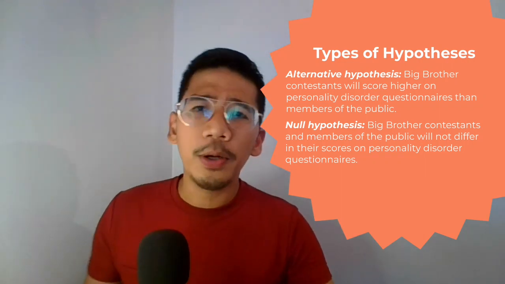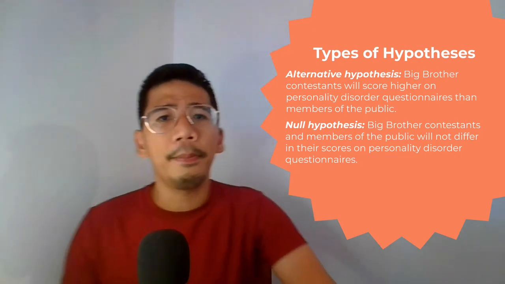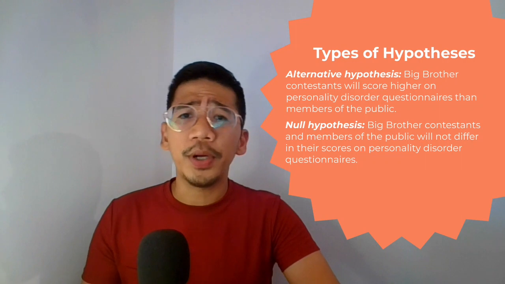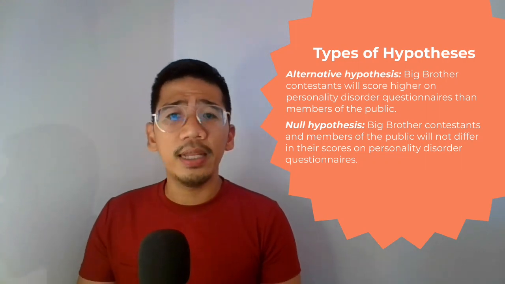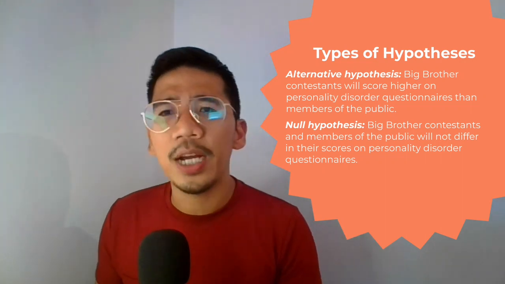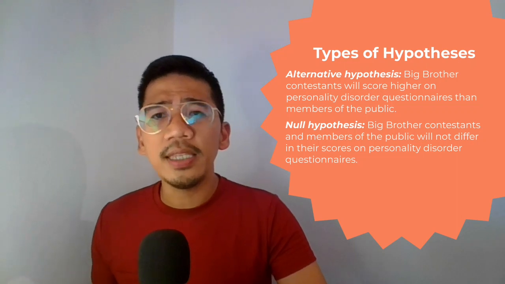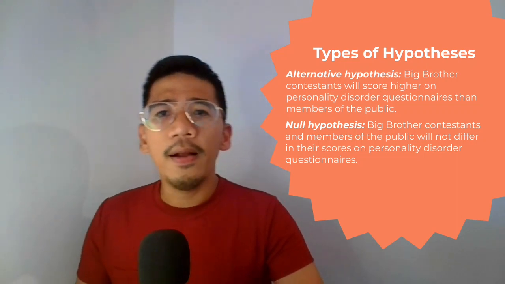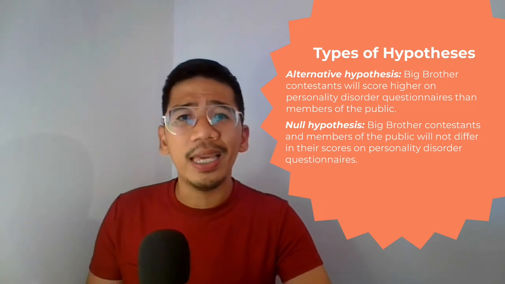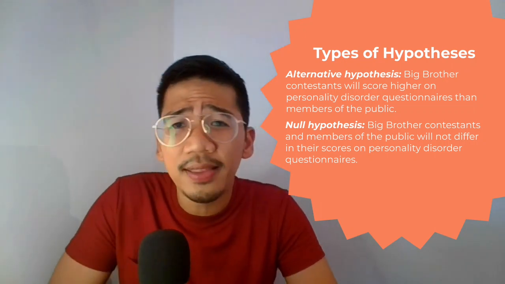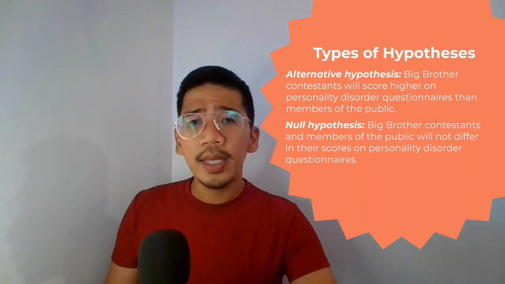So, using our Big Brother example, when we collected data from the auditions about the contestants' personalities, we found that 75% of them had a disorder. When we analyze our data, we are really asking, assuming the contestants are no more likely to have personality disorders than members of the public, is it likely that 75% or more of the contestants would have personality disorders?